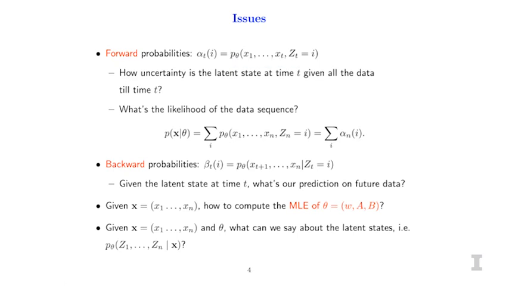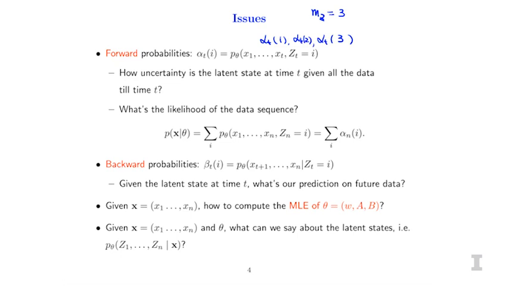For example, suppose you compute this alpha t i for alpha t1 all the way to alpha t mz. For simplicity, let's just assume our mz is equal to 3. So we have alpha t1, alpha t2, and alpha t3. Those are 3 numbers.